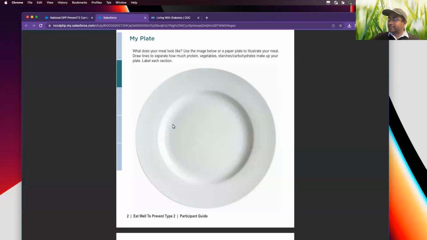Right, that's correct. All right, so I have drawn one, but I don't know how to import that.